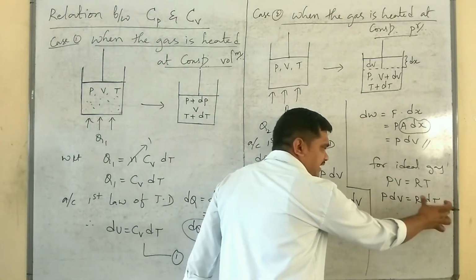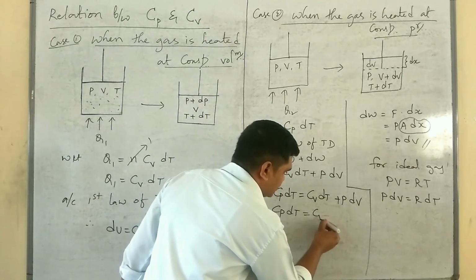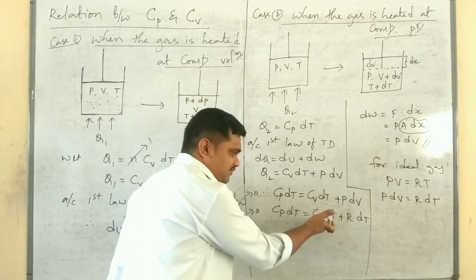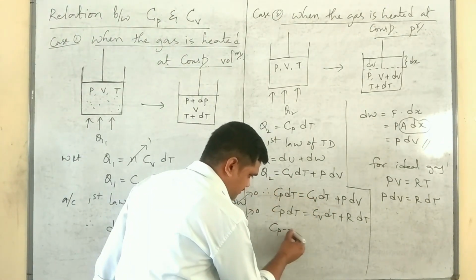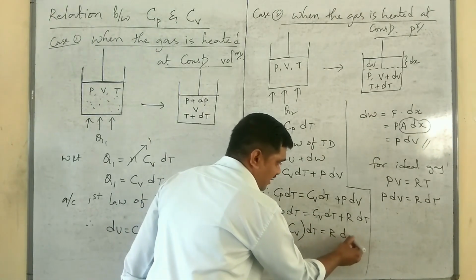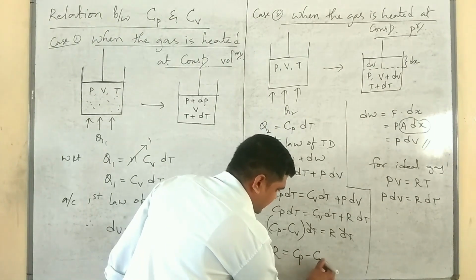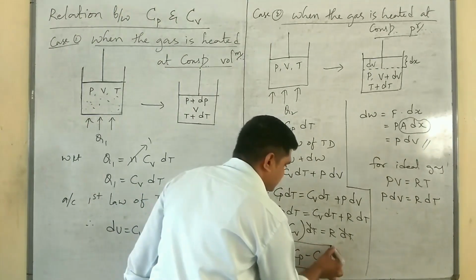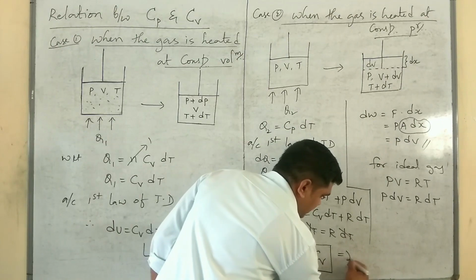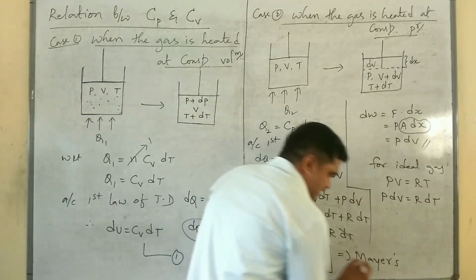Substitute the value of PdV from this. We get Cp dT is equal to Cv dT plus R dT. Next, I will transfer this Cv to this side. It becomes Cp minus Cv into dT is equal to R dT. Therefore, R is equal to Cp minus Cv. And this equation is also called Mayer's equation, as Mayer is the name of the scientist.